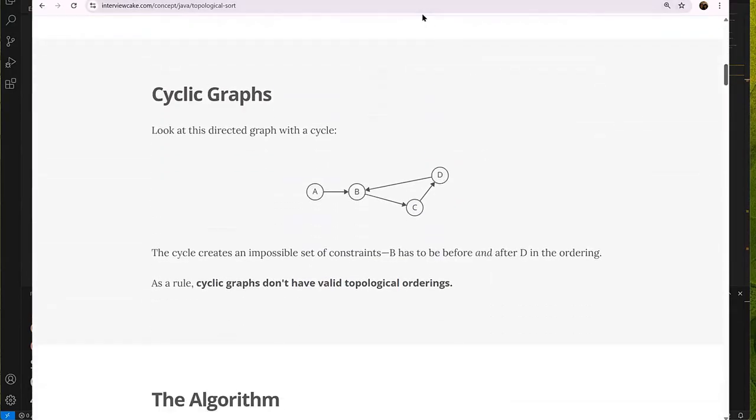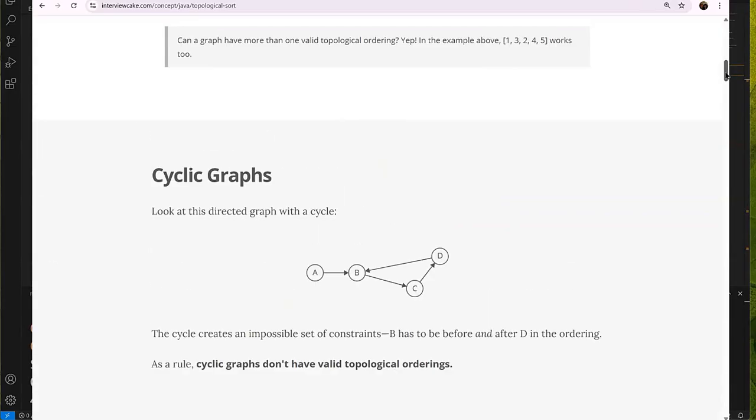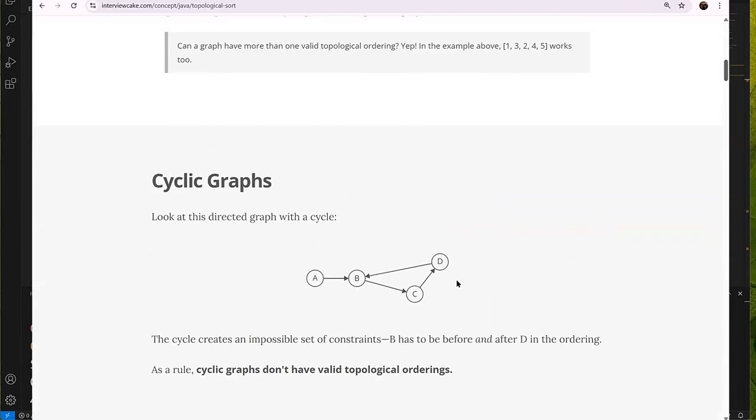It's possible that you have a cycle. A cyclic graph will not have a valid topological ordering because you don't know who goes where. If the graph has a cycle, then it cannot be topologically sorted because you don't have the real order.